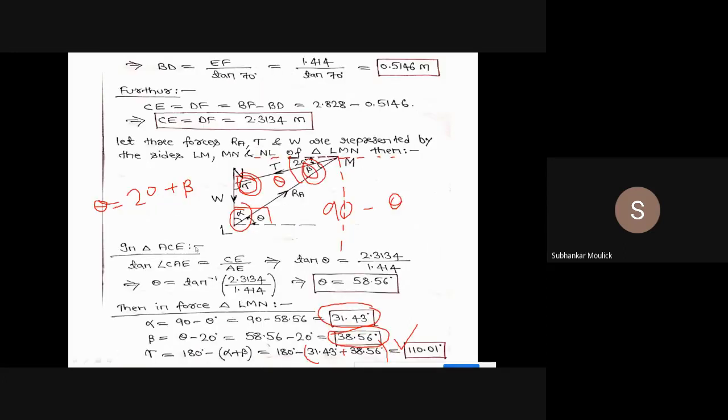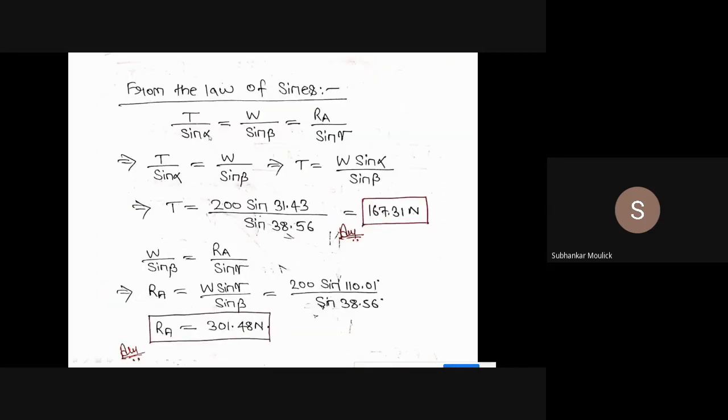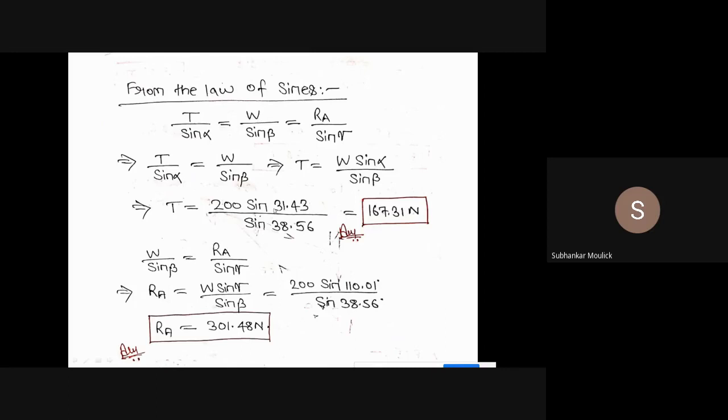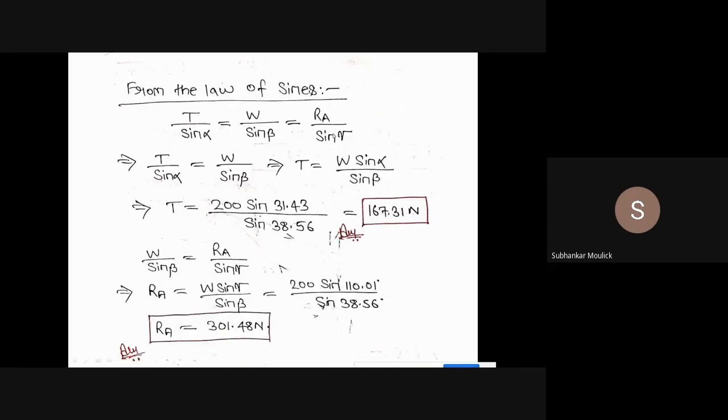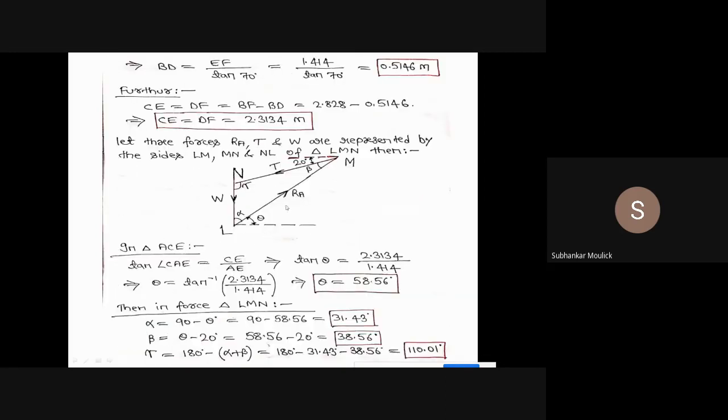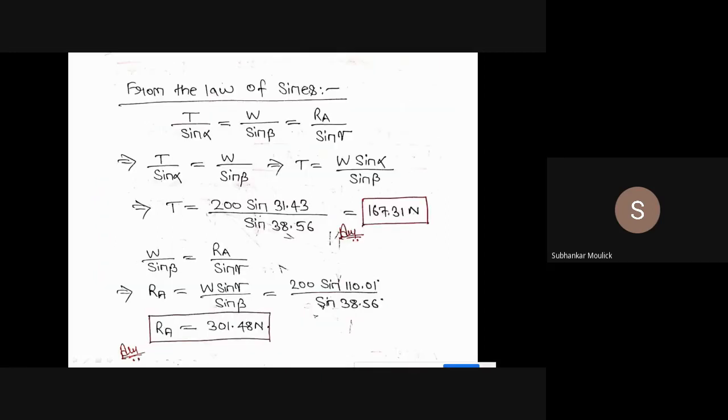By sine law, we can write T divided by the opposite side angle, that is sine of alpha. T by sine alpha equals W divided by the opposite side angle, that is sine beta, equals RA divided by the opposite side angle, that is sine of gamma.